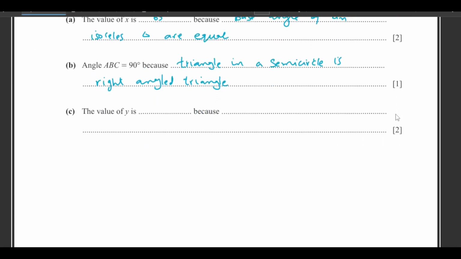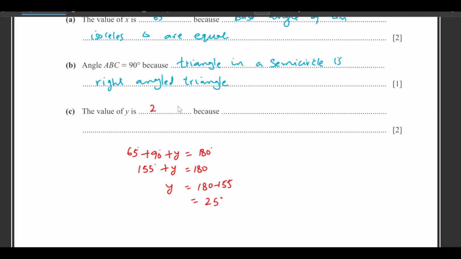So let me do the calculation here. 65 plus 90 plus y, angles in a triangle, this is 180. So this is 155 plus y equals 180. From here we get y is 180 minus 155. So this gives us an angle of 25.